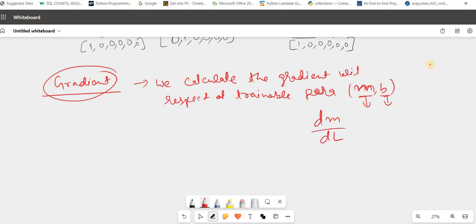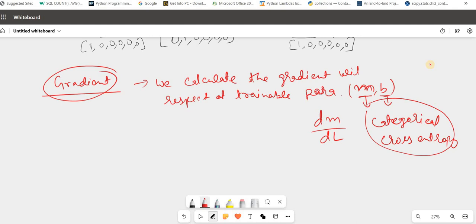And what will be the loss function? Since it's a multi-class classification, it means there are multiple words. So actually it is a cross entropy, multi-class or categorical. So that we will see in the hands-on. Categorical cross entropy. And what gradient means?